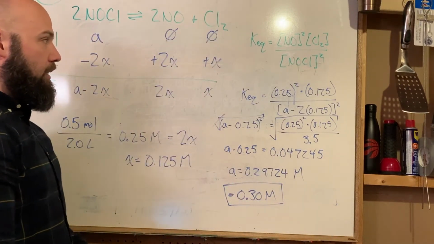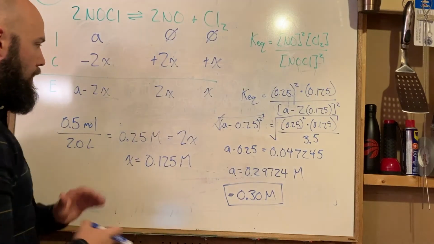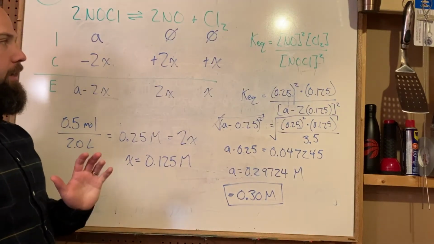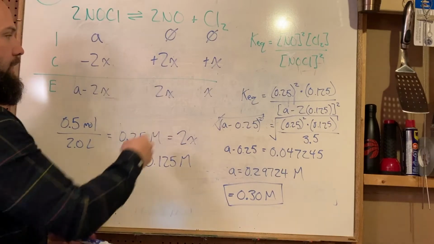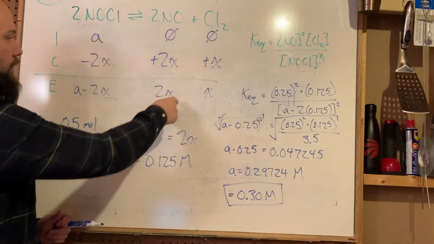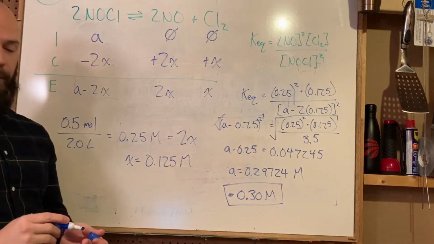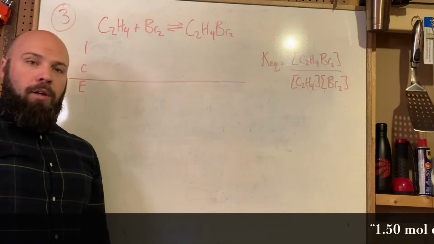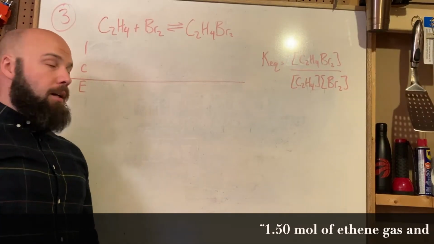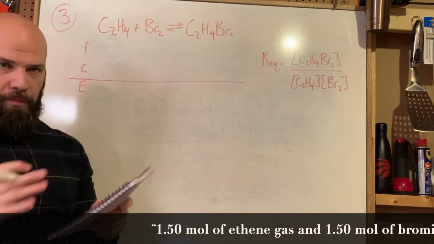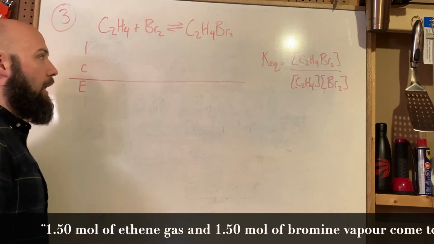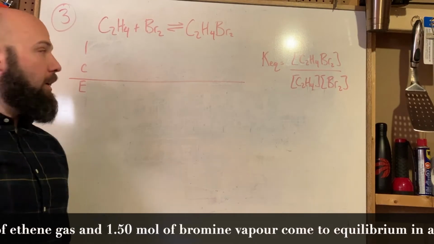And that is practice problem 2. So the difference here between the first one is you're given the equilibrium concentration of one of the products and you need to solve for that initial value.